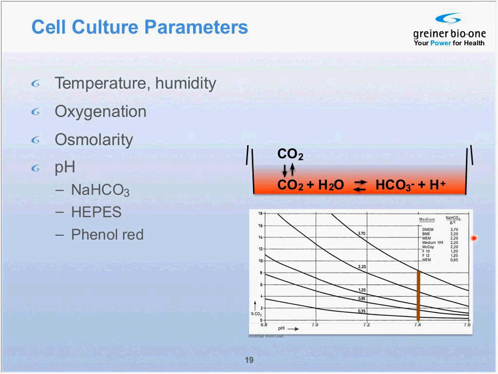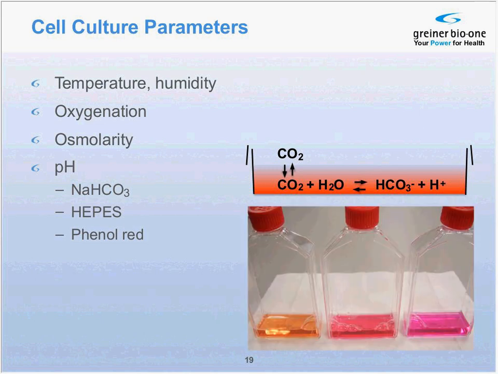A potential change in pH can be followed by the addition of pH indicators such as phenol red to the medium. Cell growth would eventually lead to a more yellow color of the medium because of the accumulation of protons due to the cell metabolism. In contrast, the very low ambient air levels of CO2 lead to an alkalization of the medium with time.